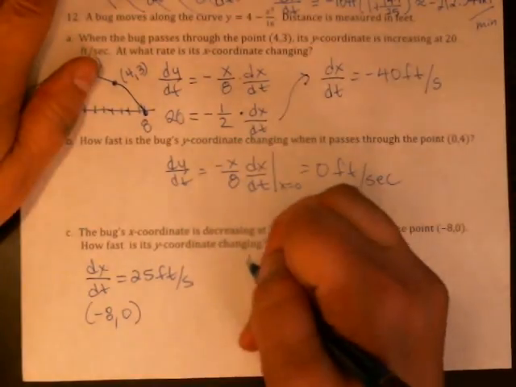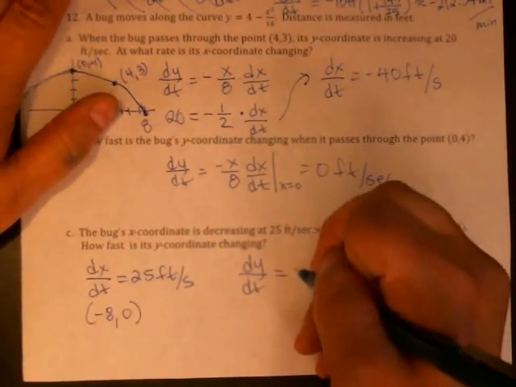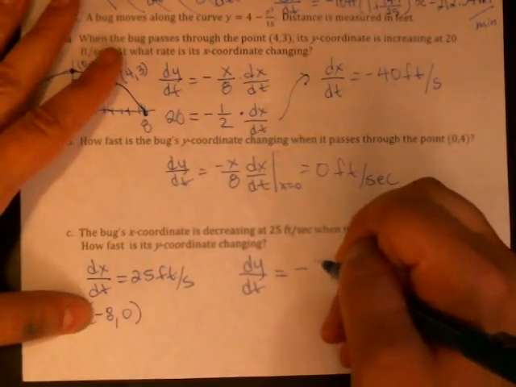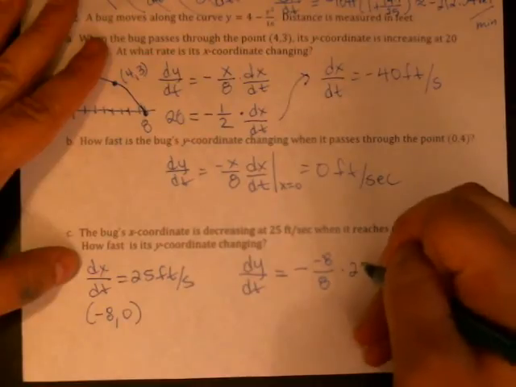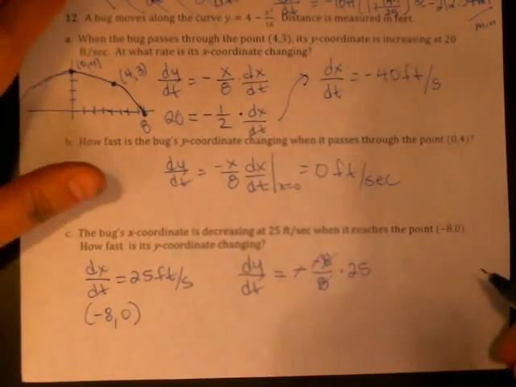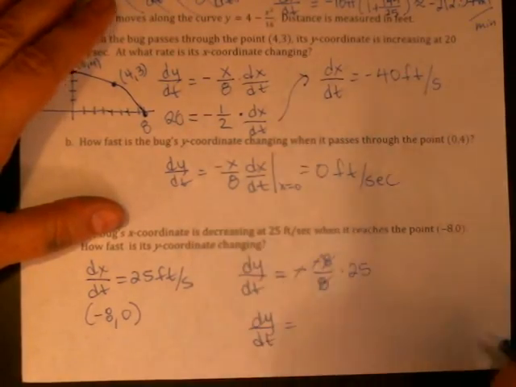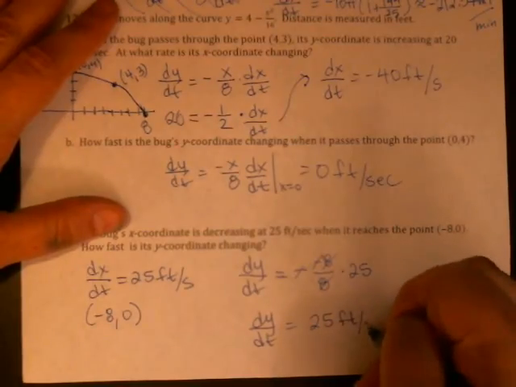So now if we go back to our dy dt equals negative x over 8, our x is now negative 8, and then our dx dt is 25. So these minus signs will cancel out, and the 8s will cancel out. And it looks like at that point, dy dt is also going to be 25 feet per second.